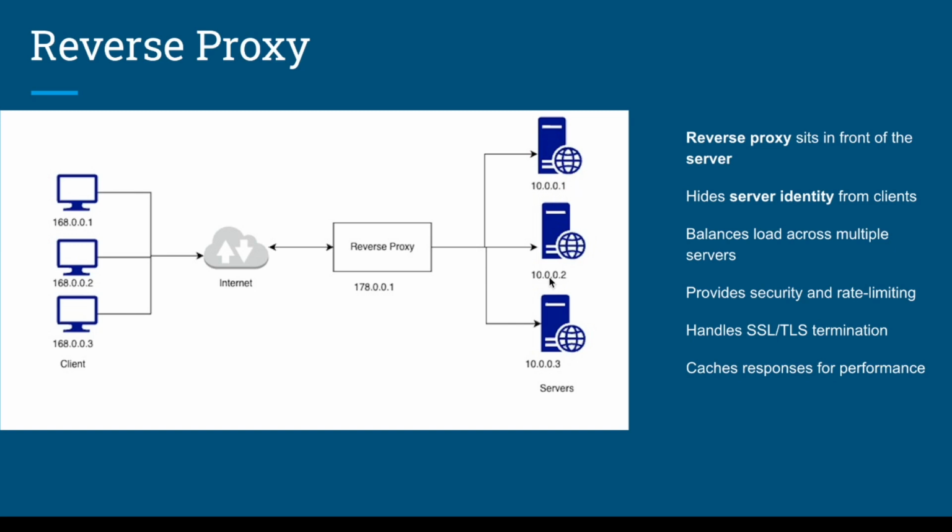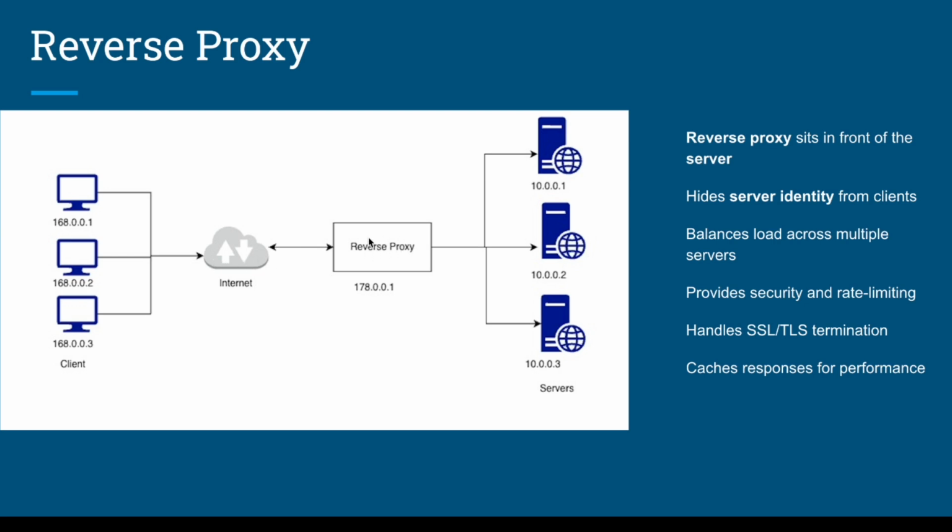So how is a reverse proxy useful? Like a forward proxy hides the client IP, a reverse proxy hides the server identity or server IPs. Here we can see all the servers will have IP addresses, maybe 10.0.0.1, 2, and 3, right? Whenever the client tries to get any resource from the server, that request will go through the internet.